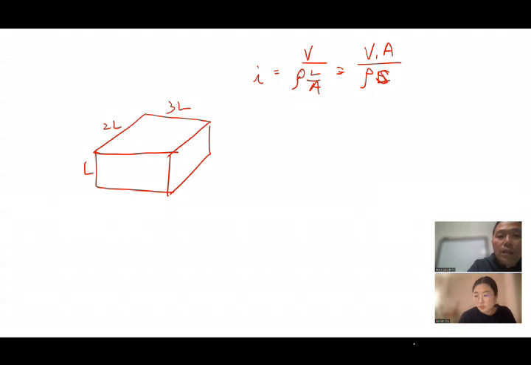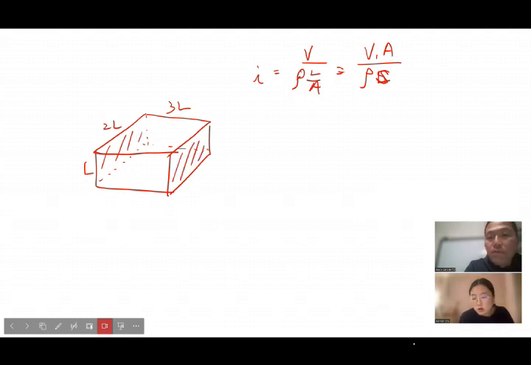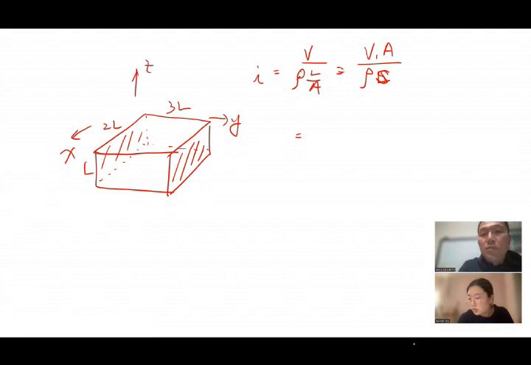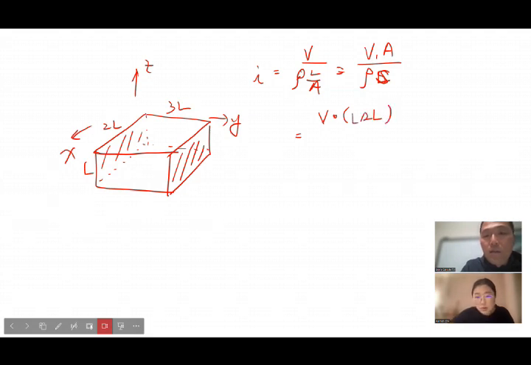So if you're looking at two faces, this one and this one, the current across, this is the y direction, and this is x, and this is z. So for the y direction, that should be V times the cross-sectional area, L times 2L, divided by rho times S, which is 3L. Okay, that is for the y direction.